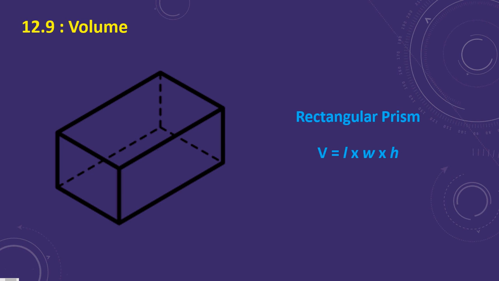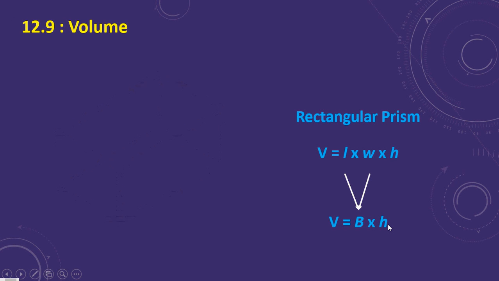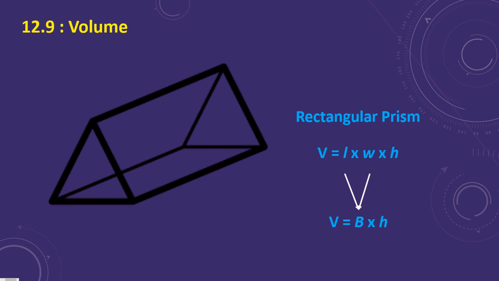Now, in this formula, length and width, we can call these two things as base, big B, because we're going to find the area of that base. Once we found the area of that base, we're going to multiply times my height. And it's the same for a triangular prism.